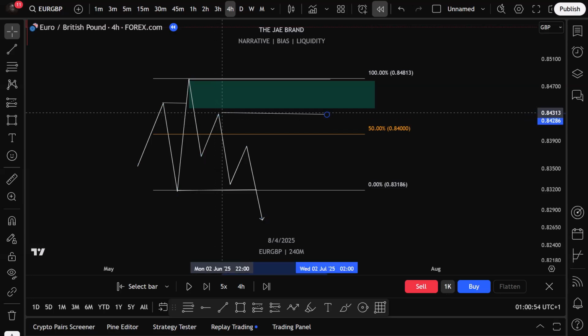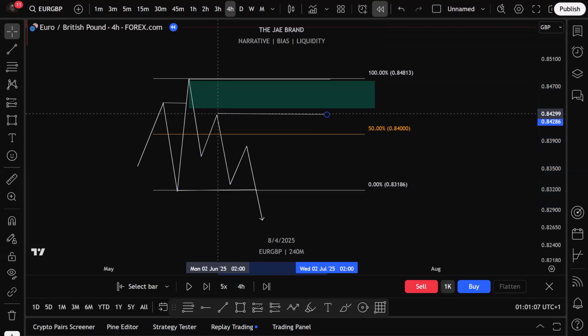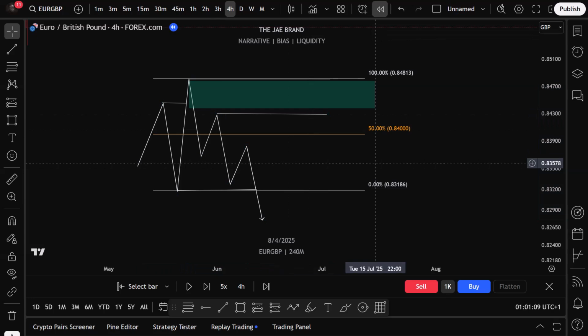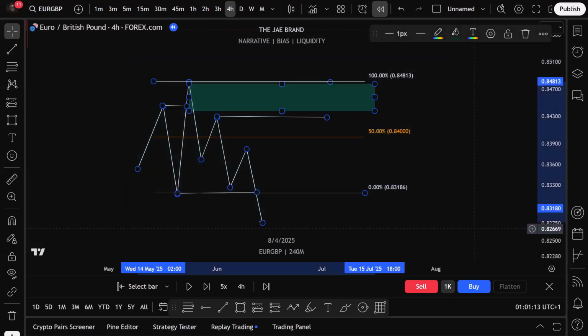It can either be above the 50% area, or on the line, or a little bit below it, but it's always better if it's inside the 50% area of your fib tool. So this is how to validate your structural liquidity.